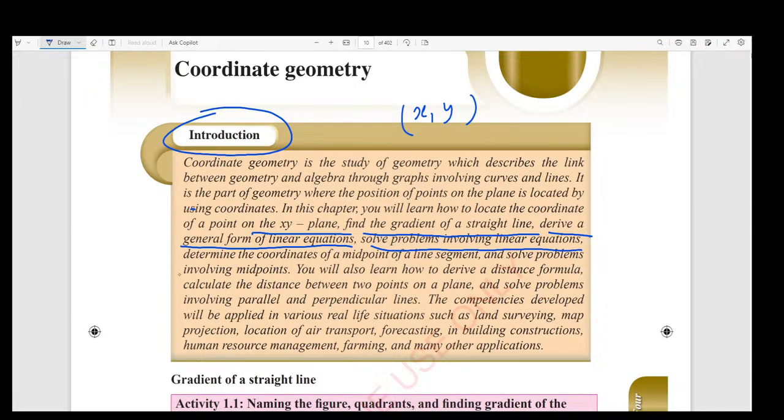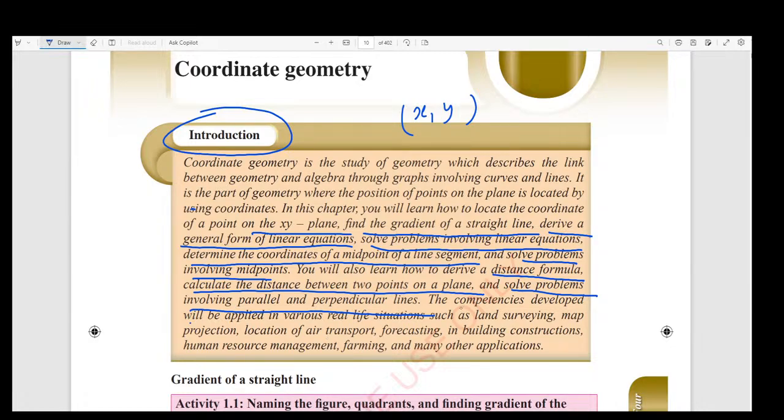You'll be able to determine the coordinates of the midpoint of a line segment and solve problems involving midpoints. We'll also learn how to derive the distance formula. You'll be calculating the actual distance between 2 points on a plane, and you're going to be able to solve problems involving parallel and perpendicular lines.